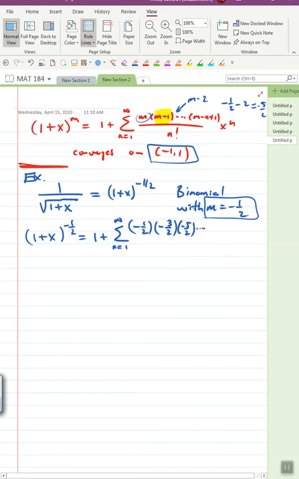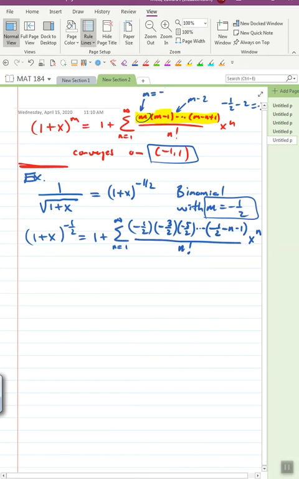Down to the very last one, which would be -1/2 minus n plus 1, all of that over n factorial, x to the n. So far, so good? That's just using this formula straight up, and the only thing I've done is substitute -1/2 for m.